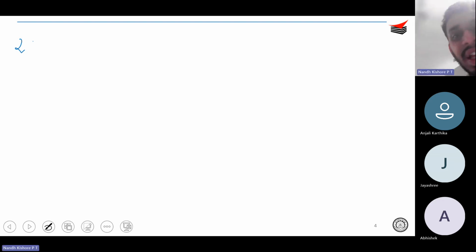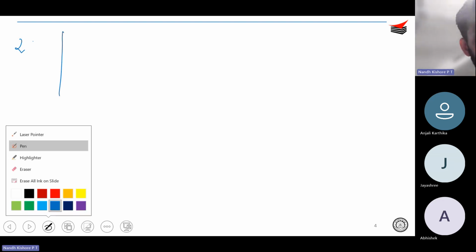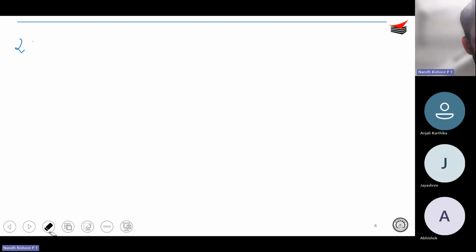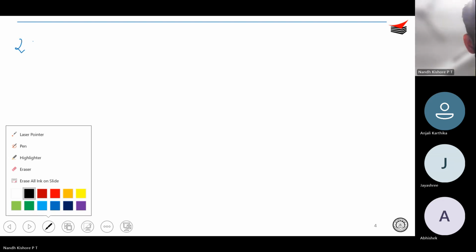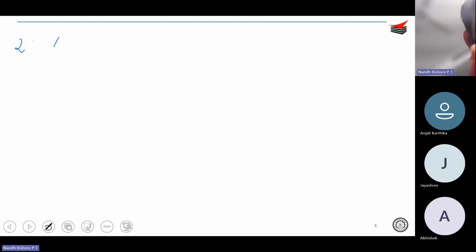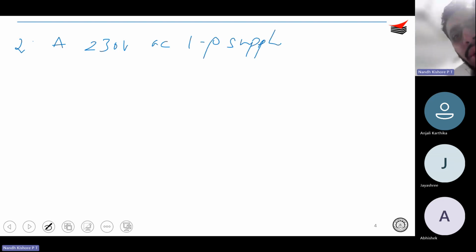In your entire power electronics course, you would have come across different waveforms, right? Before I go into waveforms, let's say in any question concerning AC, they tell a 230-volt supply. Let's say the question says a 230-volt AC single phase supply, feeding some load, or a rectifier or whatever.